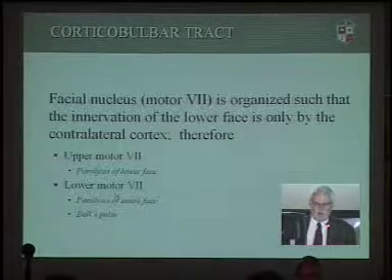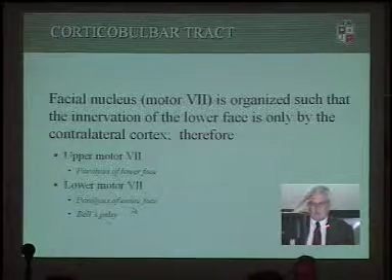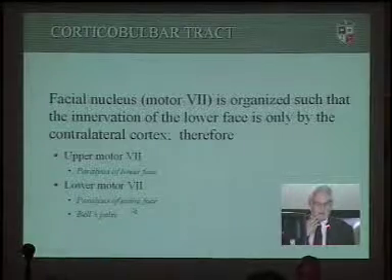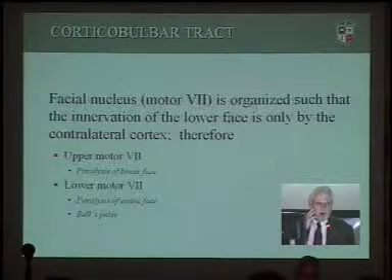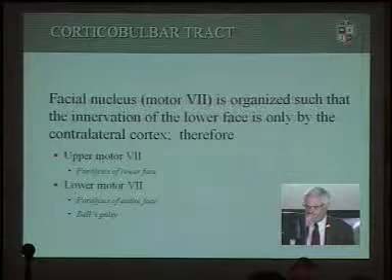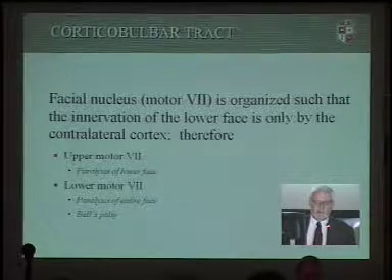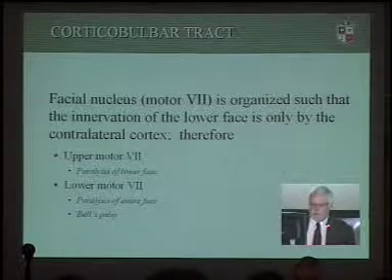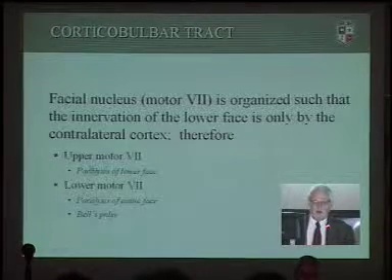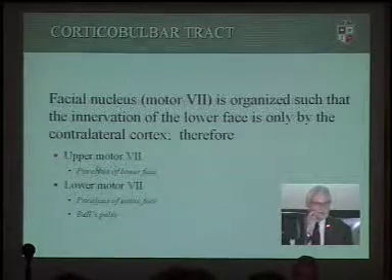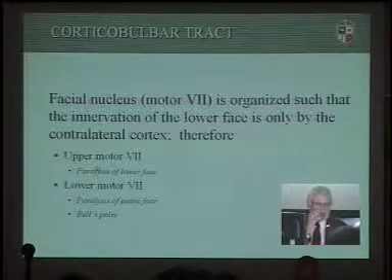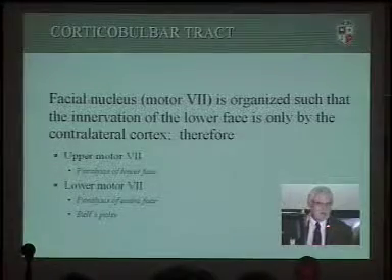If you have a lower motor neuron lesion, the total side of the face is paralyzed. Bell's palsy, where you have an inflammation of the nerve, is a typical one there. Usually recovers from that. Upper motor neuron lesion, only the lower face. If only the lower face is paralyzed, you know it's an upper motor neuron lesion, okay?